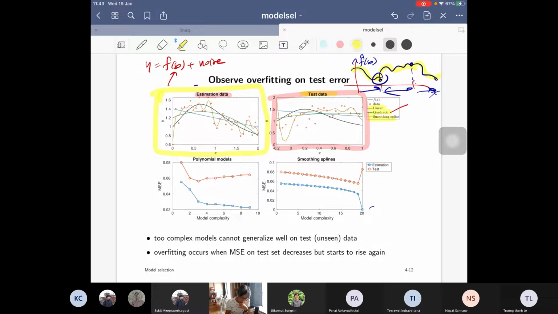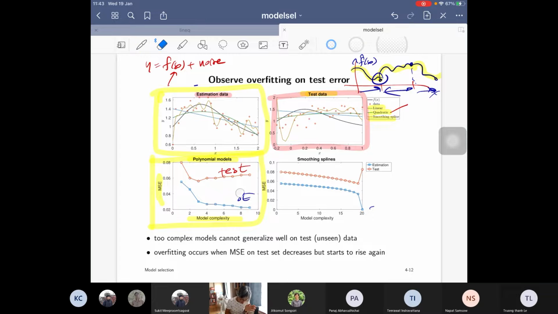All right. Now let's take a look at the plot of model complexity versus MSE. This is for the polynomial model. The red one is the test MSE. The blue one is the training MSE.